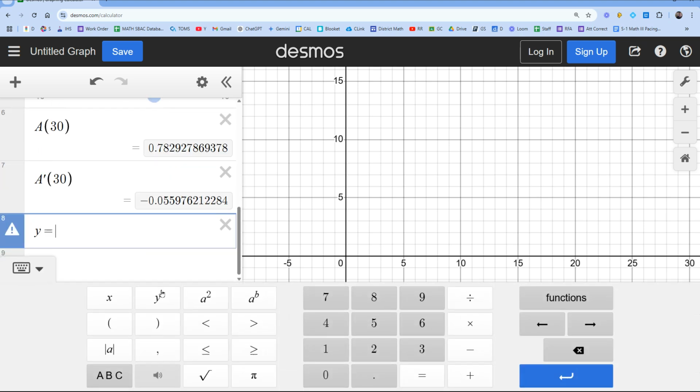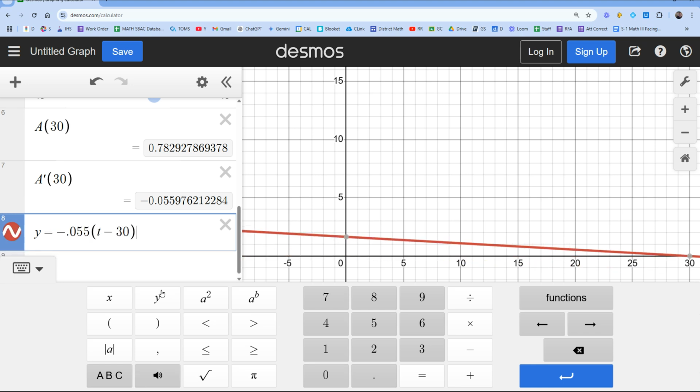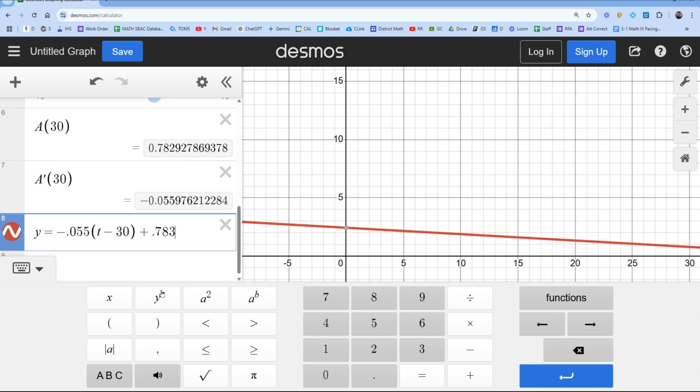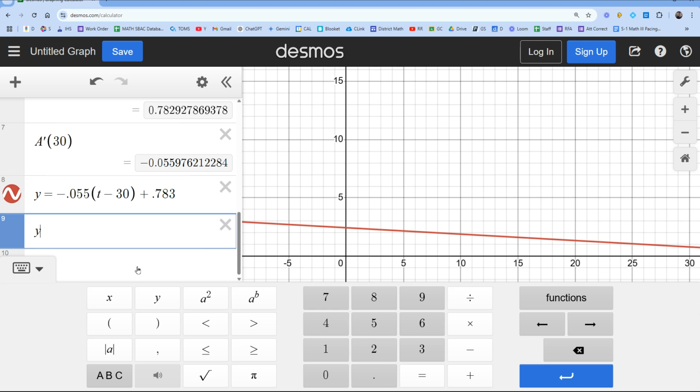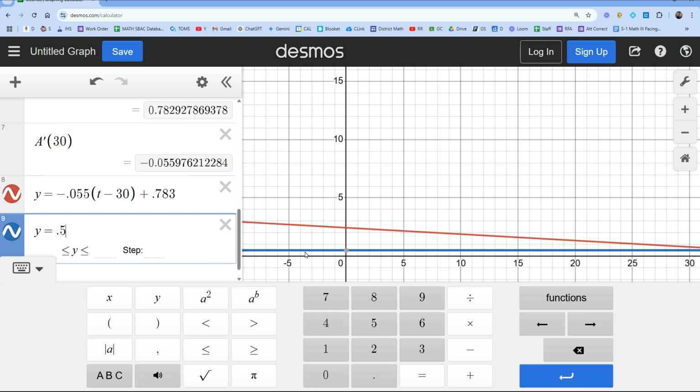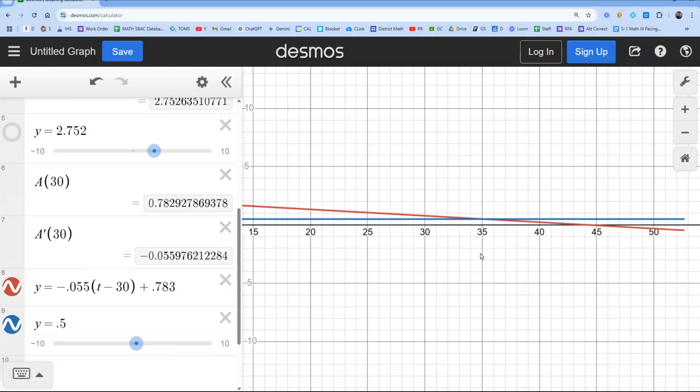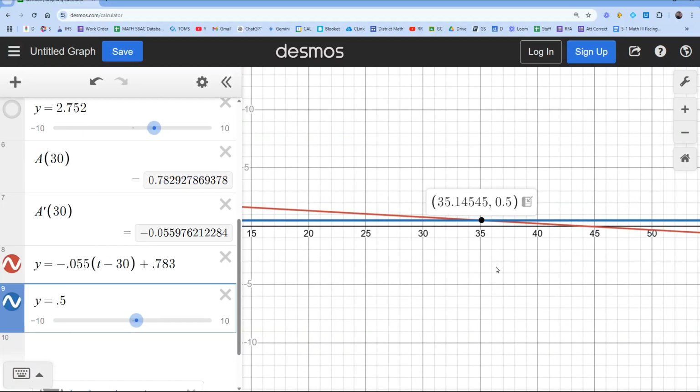So I'm going to type in y equals negative 0.055 times (t subtract 30) plus 0.783, and I'm going to type in y equals 0.5. I want to know where the two meet after 30, which they do. So where they intersect is the solution to that. So that's when t equals 35.145.